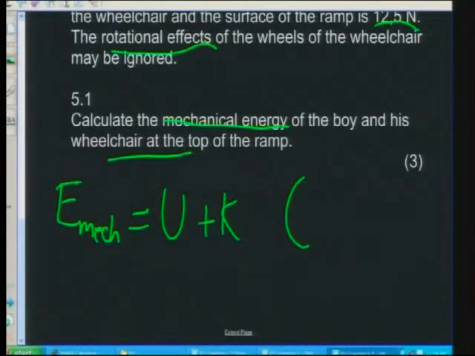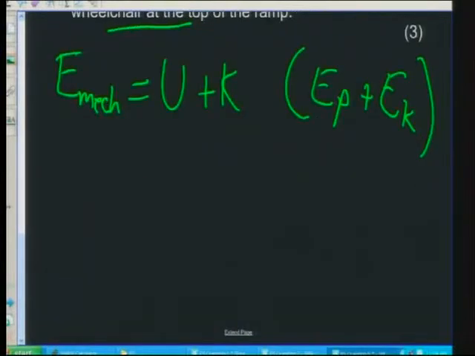Obviously, if you've learned to use EP and EK, you can do that. So that's the alternative. But I'm going to stick with the U and the K just so that we know it. Now, remember that U is equal to mgh plus the K is equal to half mv squared.